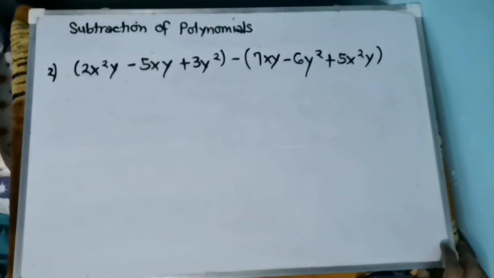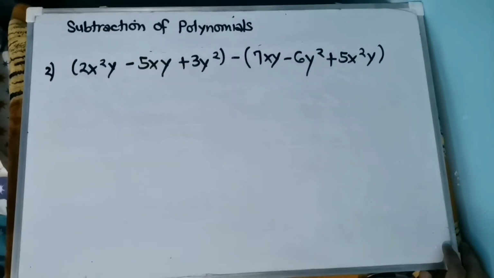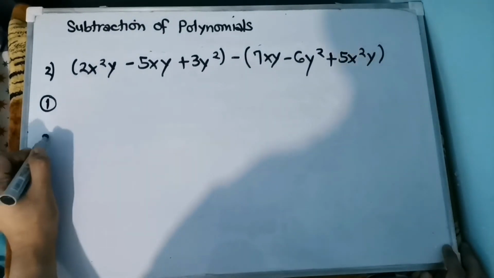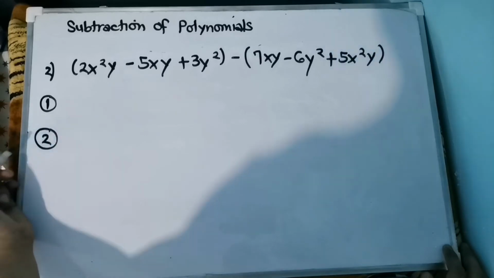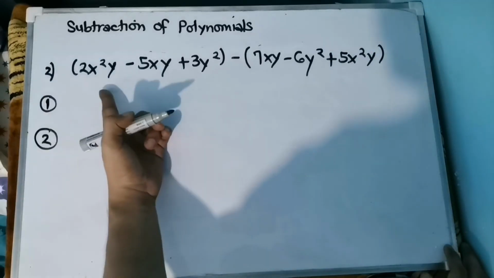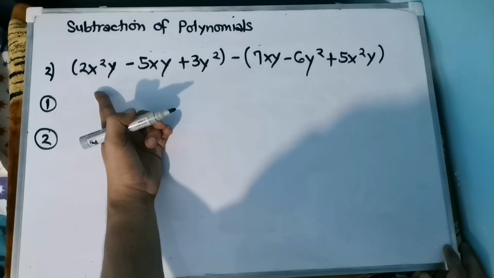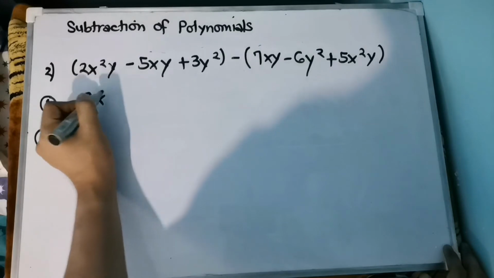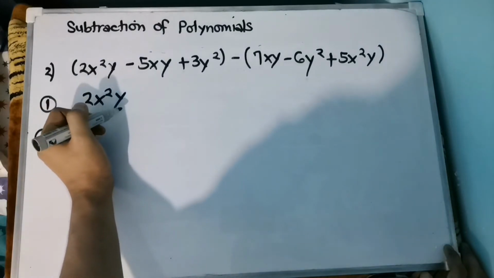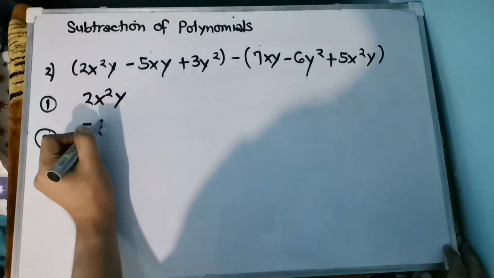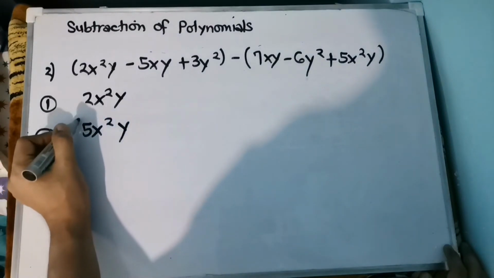Again, just follow the same steps as what we did in our first example. We have here the first polynomial and second polynomial. We will be starting with the highest degree. So 2x squared y, here we start with x squared. We have here 2x squared y, and this is its like term, 5x squared y, which is minus.